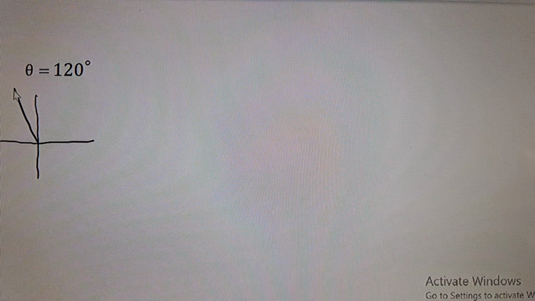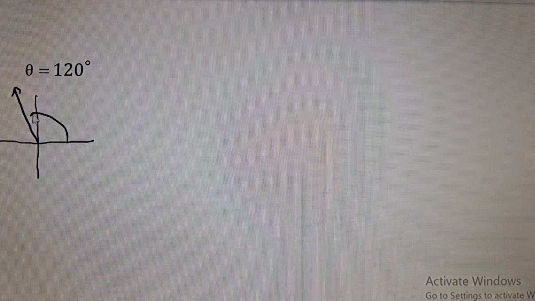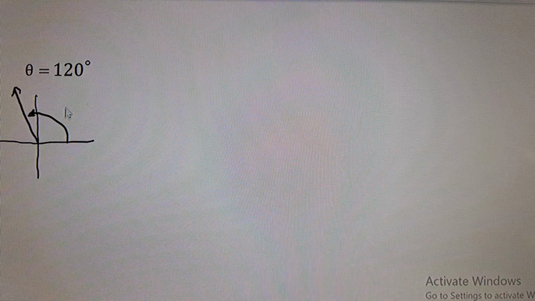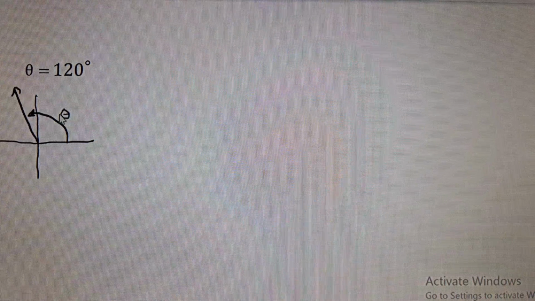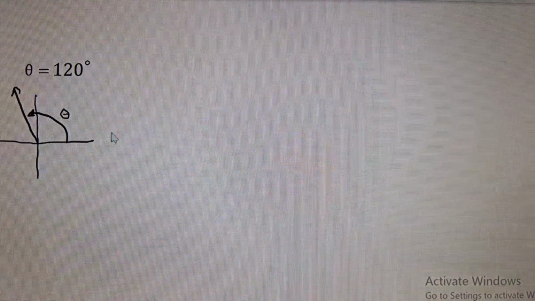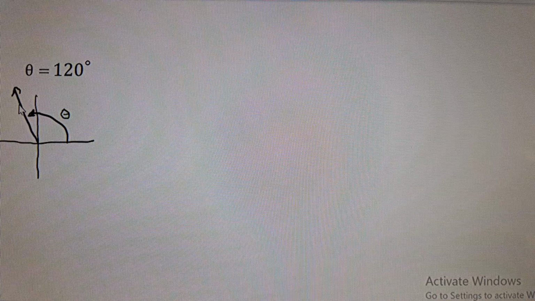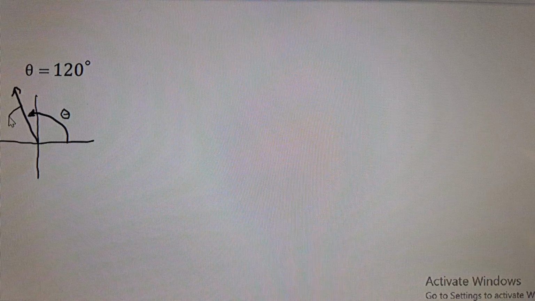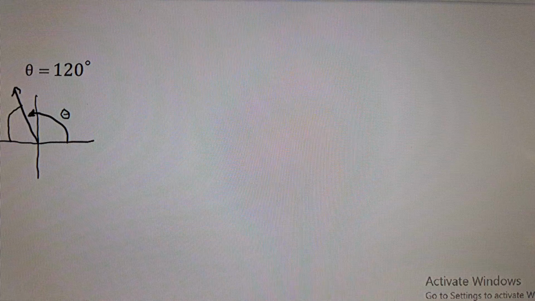All the way here. So this angle right here from here to here is 120 degrees. So that's the angle theta. What would be the reference angle? Well, we know that it is the angle that the terminal side makes with the x-axis. So this angle is the reference angle.